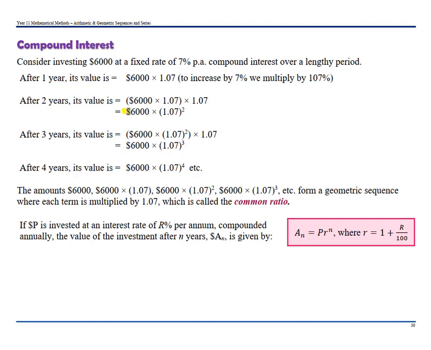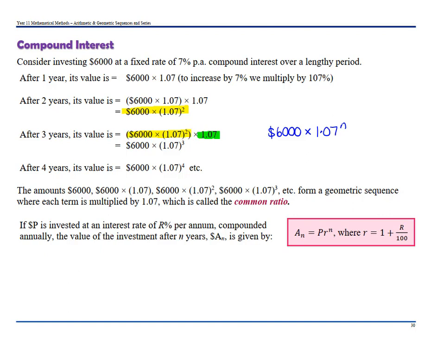So you can see this previous amount, and then we're timesing by this 1.07 each time. So what you should be able to see is that formula happening. It's 6,000 times 1.07 to the n, where n is the number of years.